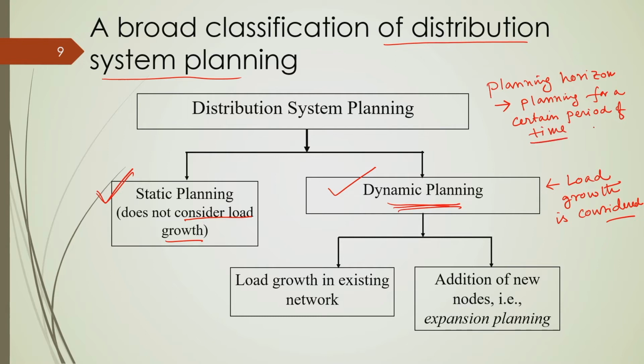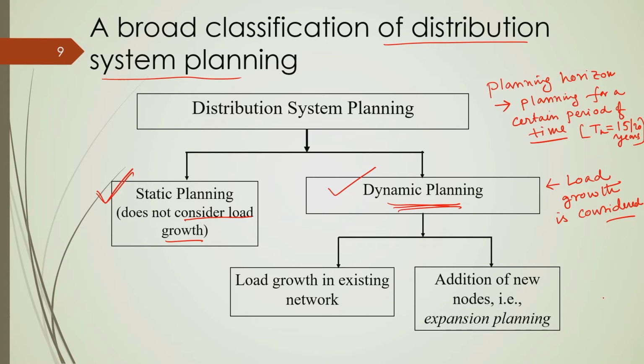And normally we plan a distribution network considering this planning horizon TH. TH is the representation of planning horizon. So, for example, 15 years or 20 years.